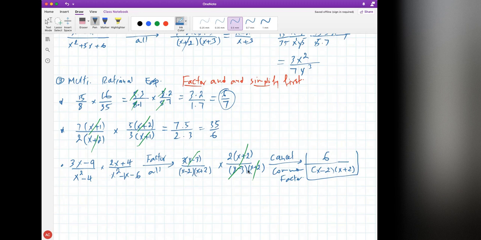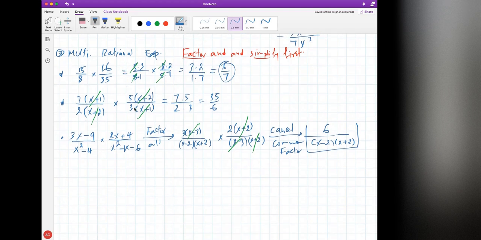Or if you have another term from here, for example, x minus 2, and you have something left here, for example, this x plus 2, you don't have to distribute that, just leave it like that. So that's how the multiplication of trinomials works. Just basically by canceling, you avoid a lot of multiplying, a lot of adding and subtracting. So that's why it's very important to factor and simplify first.